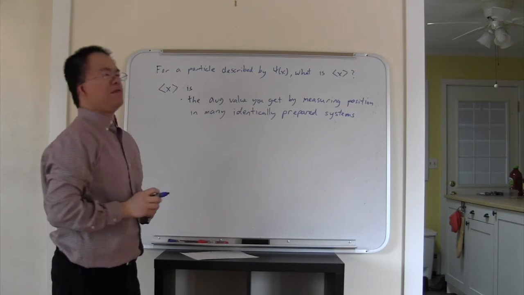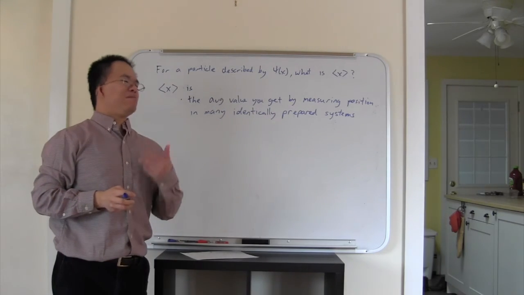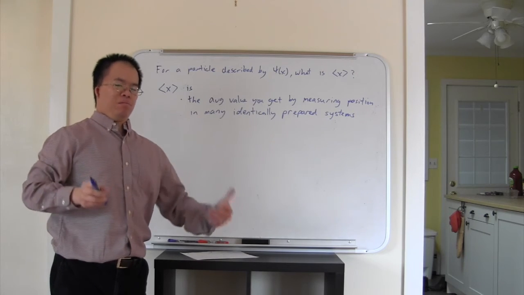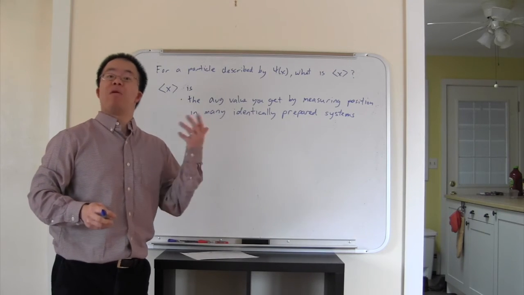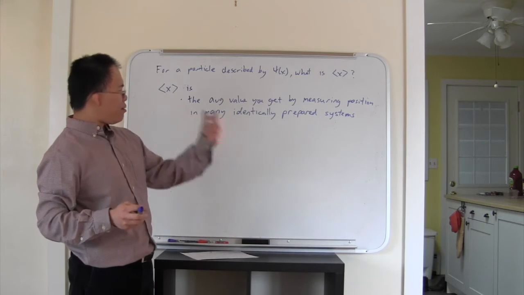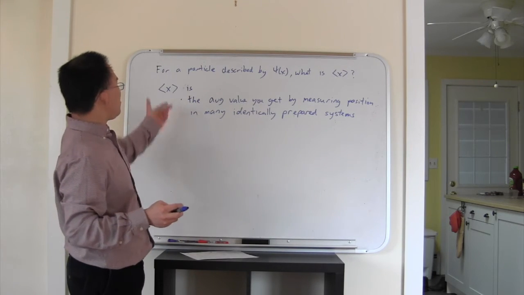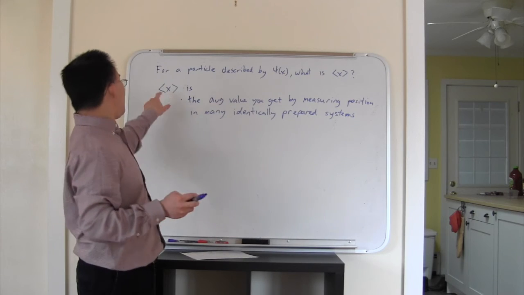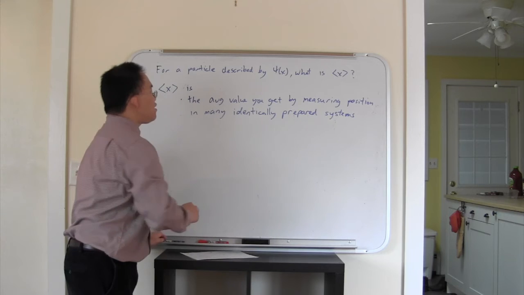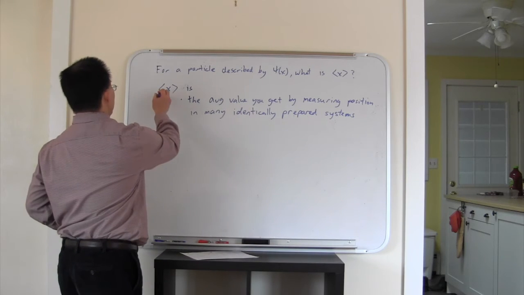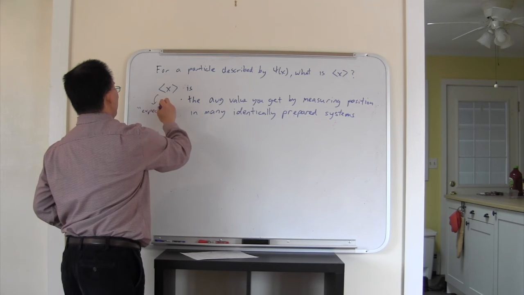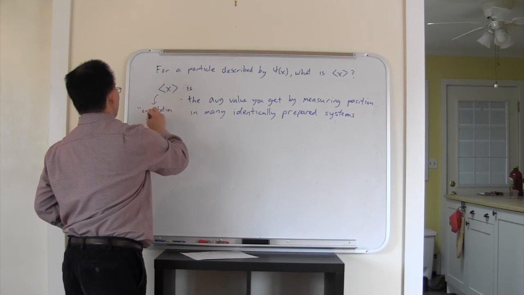So imagine we had the same situation duplicated, where we had many particles all described by the same wave function, and then we took that collection and measured the position of each particle. The expectation value is the average value you would get.